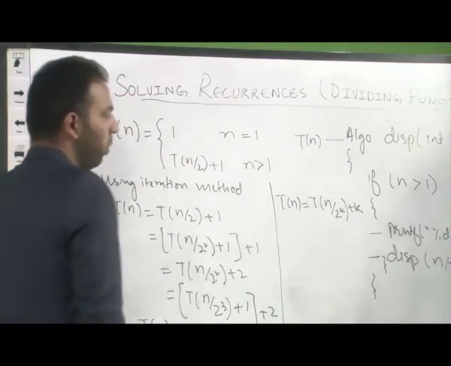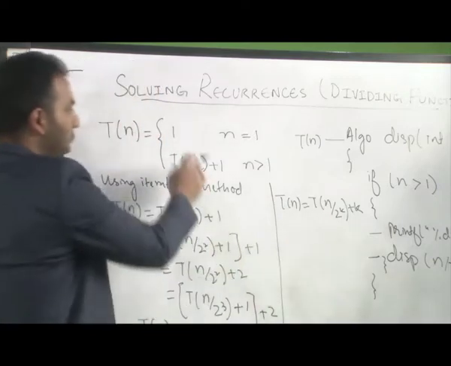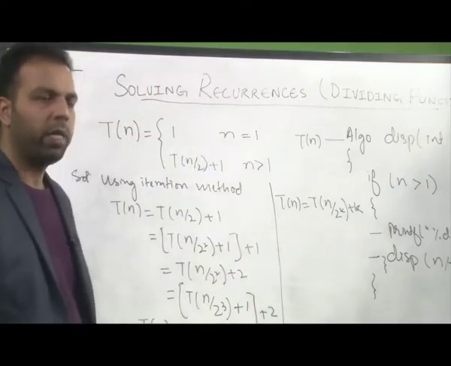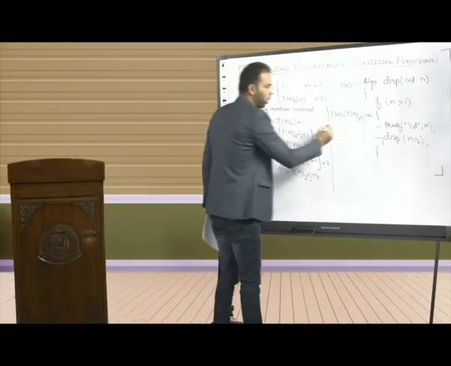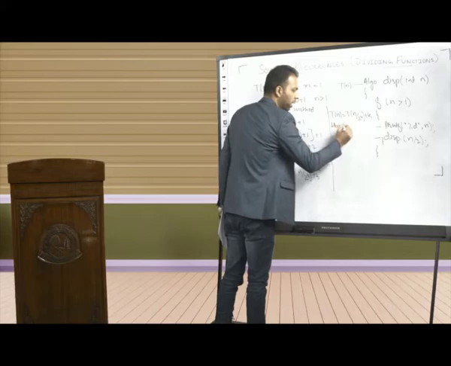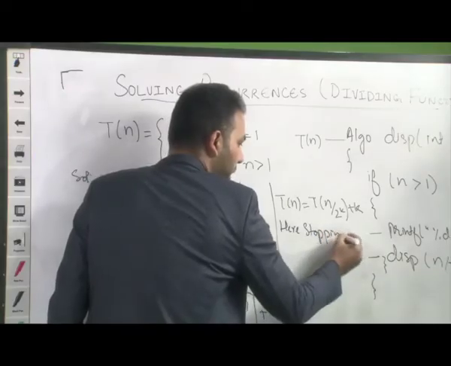Now we know when it will stop: it will stop when n will be equal to 1, same as we did in the tree. So here, the stopping condition.